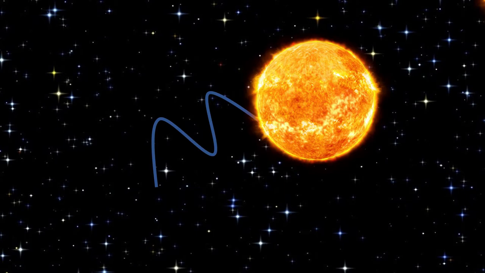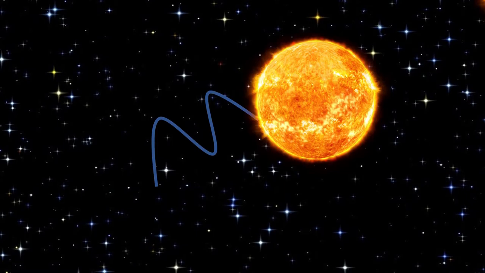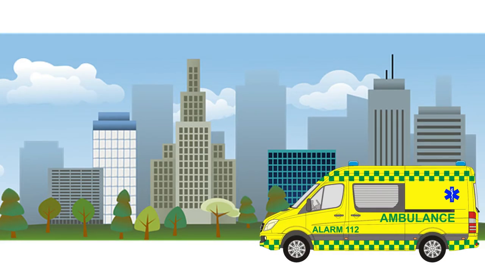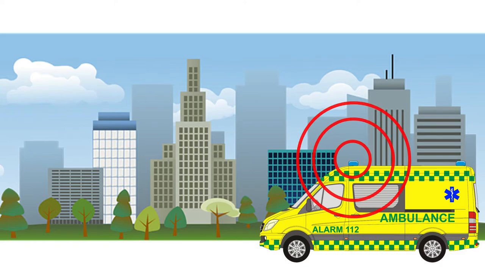To understand why this is, we can use a different example. Here is an ambulance. When an ambulance turns its sirens on, it produces sound, and those sound waves, when stationary, have an even distance between them, like the diagram here.